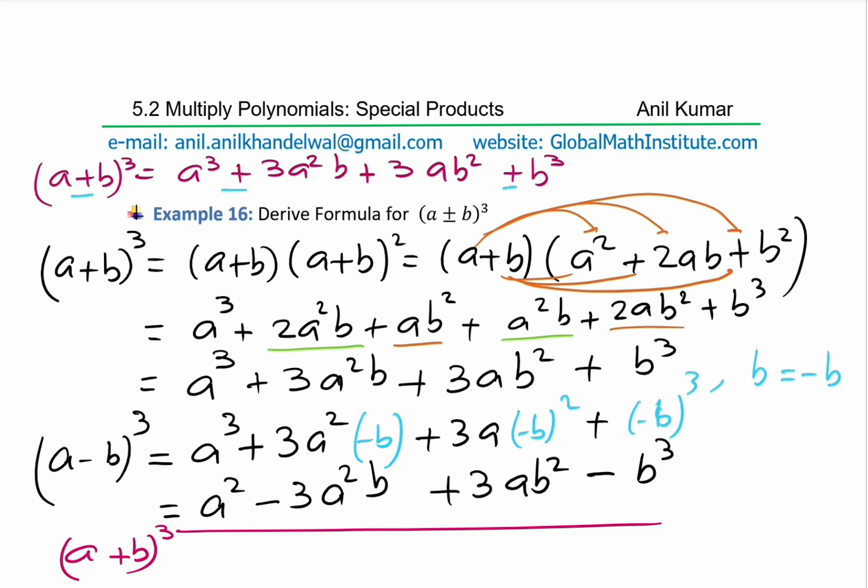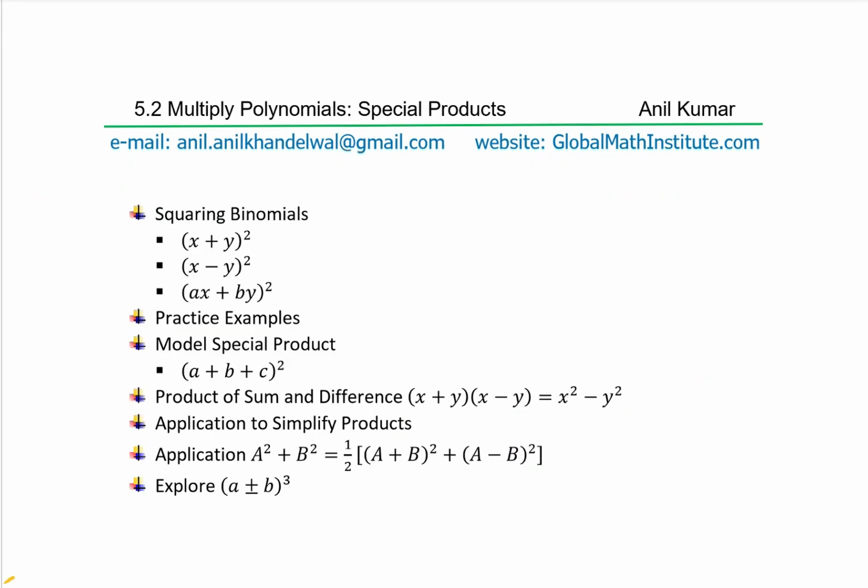And with that, we come to an end of this particular video where we have learned many formulas. Let's write them down here. So we have (x plus y) whole square as equal to x square plus 2xy, the product of these two multiplied by 2, plus y square. Whenever this is negative, in that case, we get a negative term here.